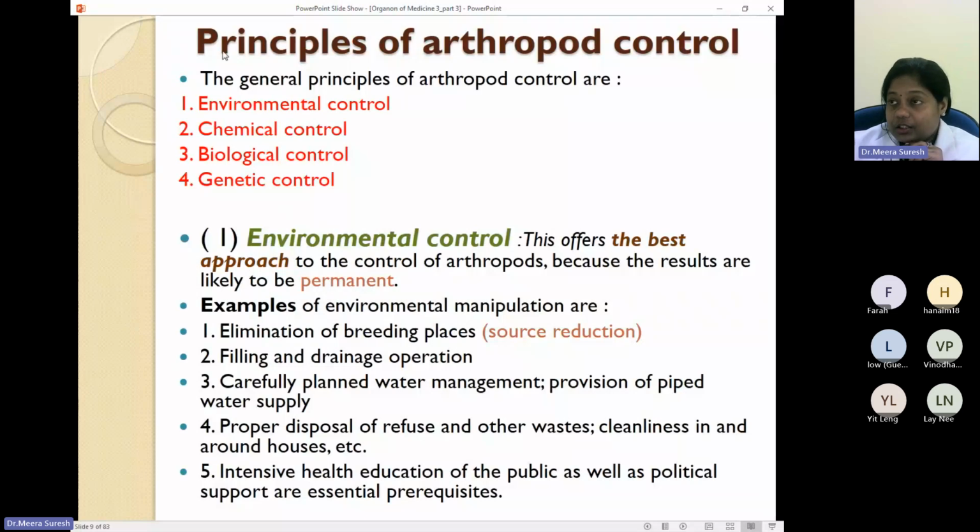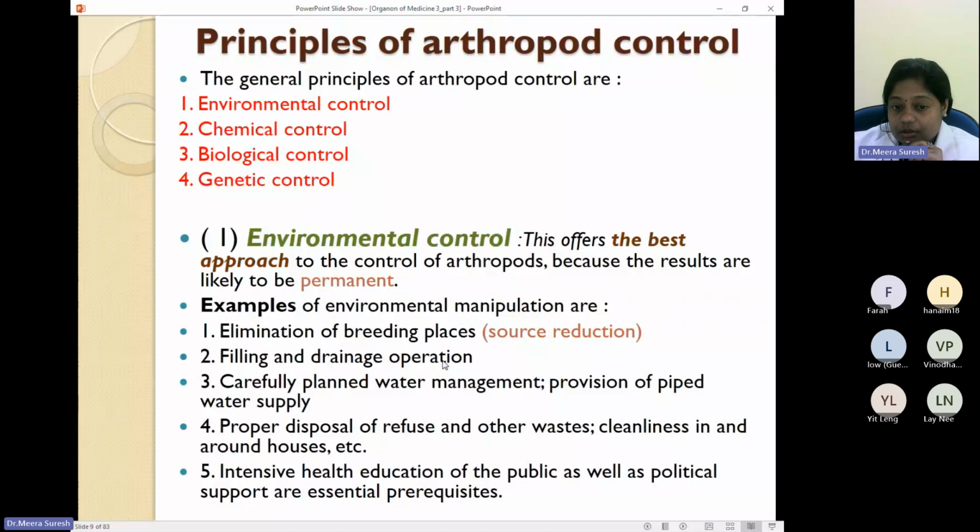Some examples, the best one, is source reduction, that is, elimination of breeding places. Filling and drainage operations, especially for mosquitoes. Out of all these arthropods we have mentioned, the most universal and most menacing are mosquitoes. Mosquitoes usually breed in a collection of water, and the different species we told about, we'll see in later slides, have special affinity for certain types of water for breeding.